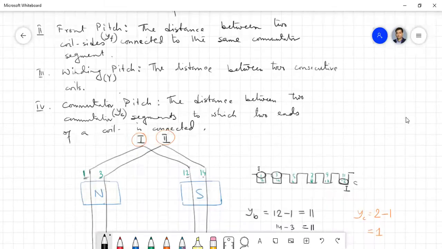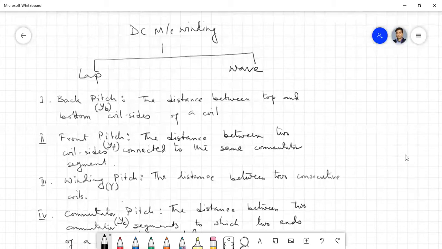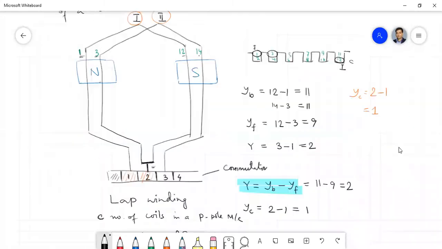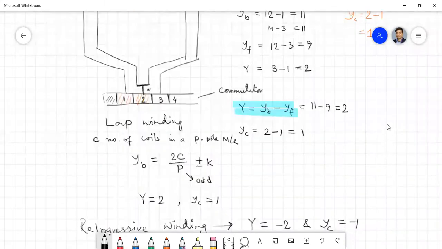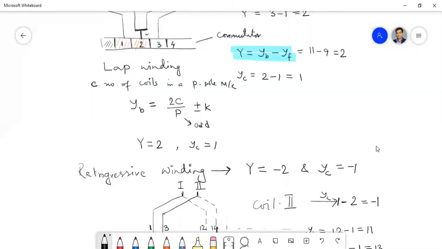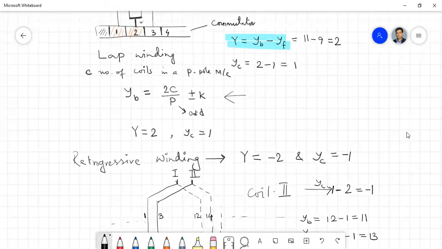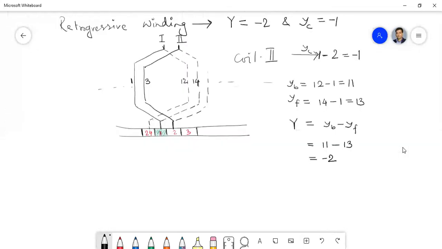Some definitions are the same for wave winding also, but the formulas have a small difference, like the formula we have used for back pitch. So we'll see that when we discuss wave winding.